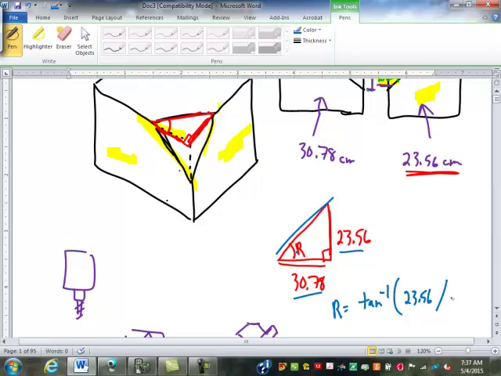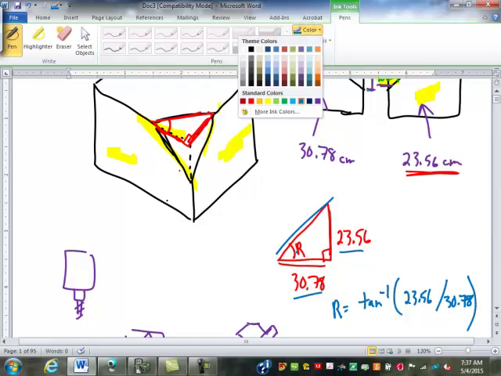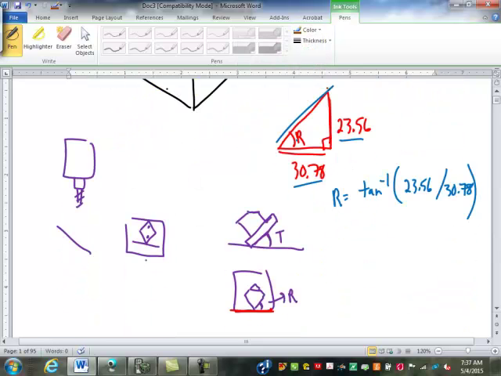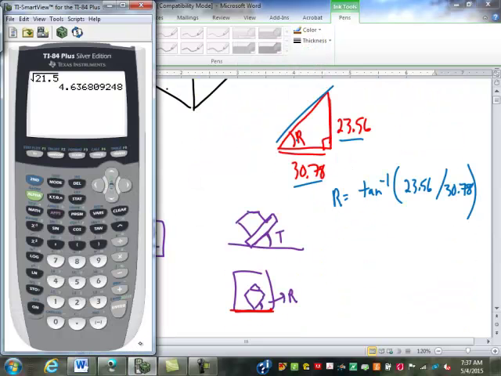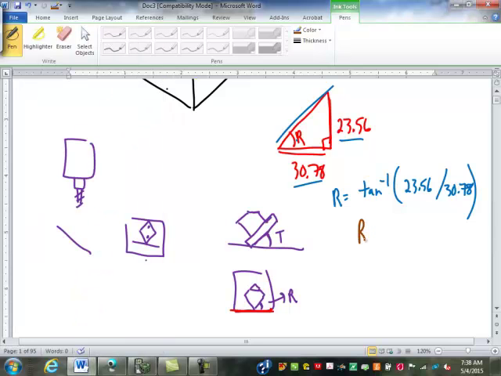Opposite would be the 23.56. Adjacent is the 30.78. So inverse tangent of 23.56 divided by 30.78 gives 37.43 degrees.